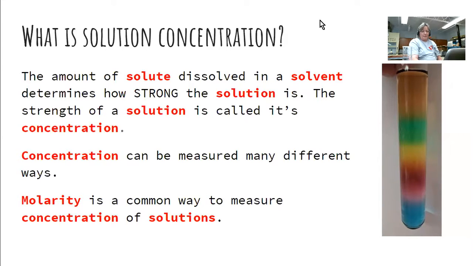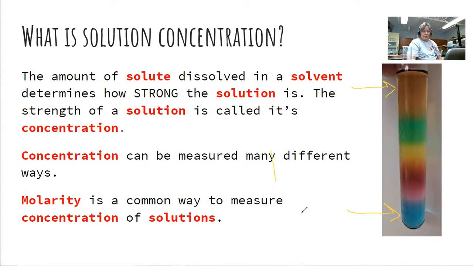But they will layer and make that cool little density column because of their concentration, or how strong they are. So down at the bottom we have the strongest sugar solution, and as you go up, every color is a different strength. By the time you get to the top, it's mostly water.